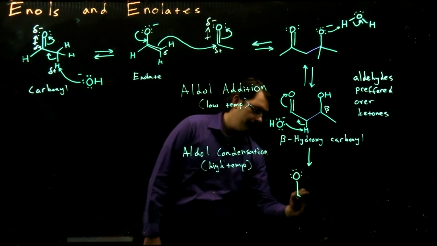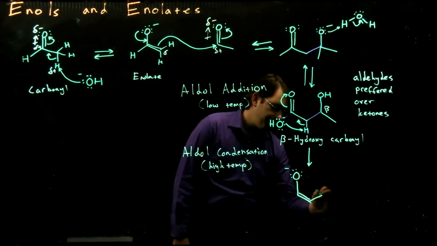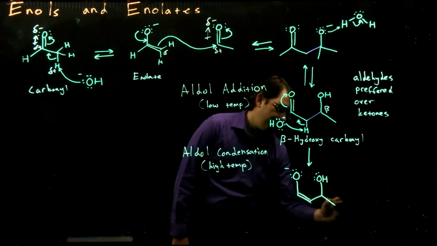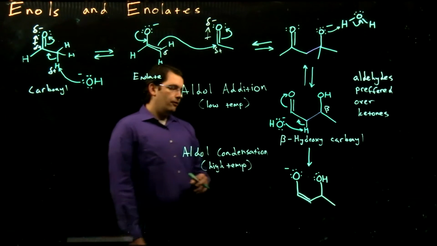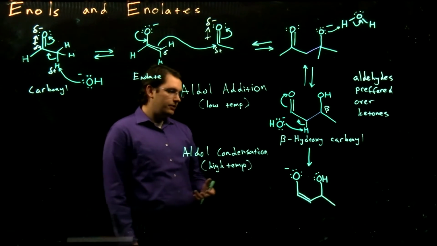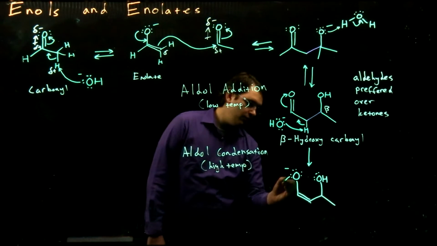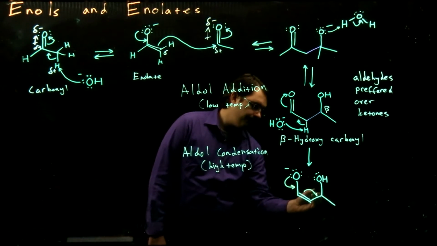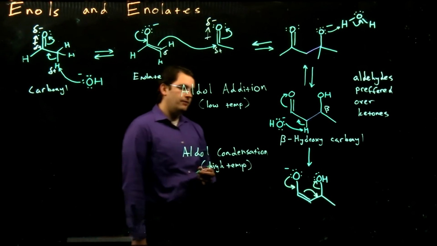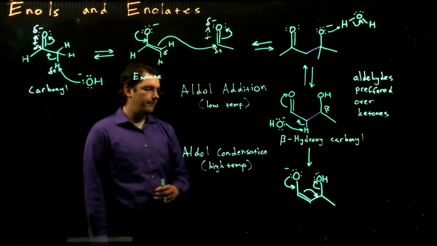So I'm showing my major resonance contributor again with a negative charge on my oxygen. Now from here, you might think we could then try to do another aldol addition reaction, but instead what we're going to do is move our double bond over and actually kick off our hydroxide ion here from our hydroxy group.